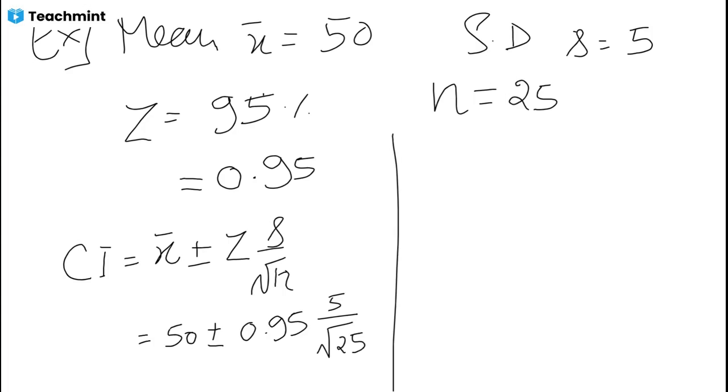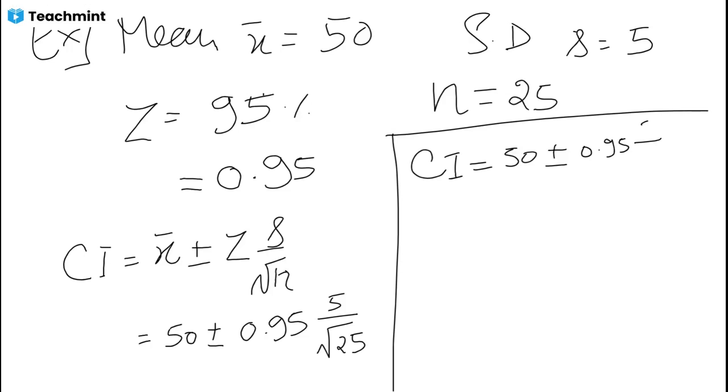Now let us simplify. CI is equal to 50 plus minus 0.95 into 5 over 5, because square root of 25 you know very well is 5, and they will cancel. So 50 plus minus 0.95.